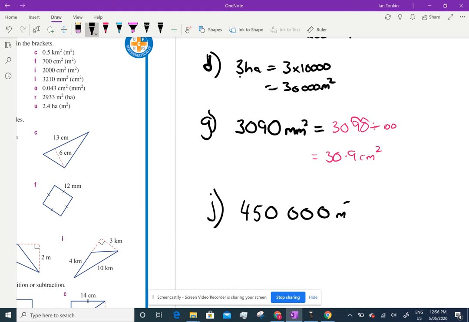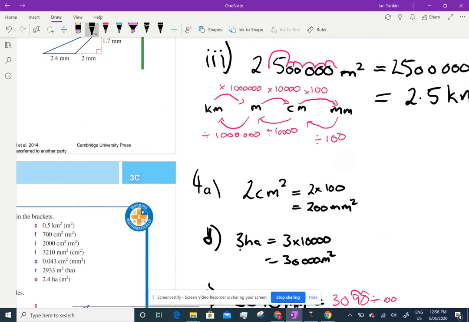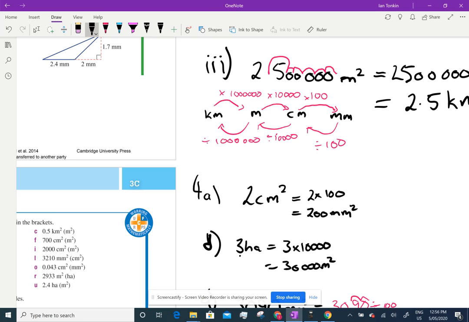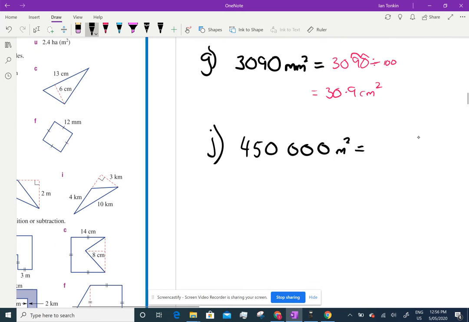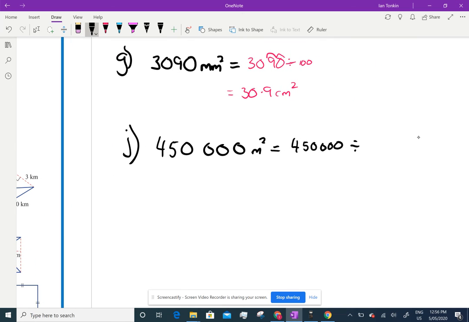450,000. That's metres squared. I've got to convert to kilometres squared. So I'm going metres, and all of these should be squared. So I'm going from here to here, so I have to divide by 1,000. 450, 1, 2, 3. I'm going to divide by 1,000.